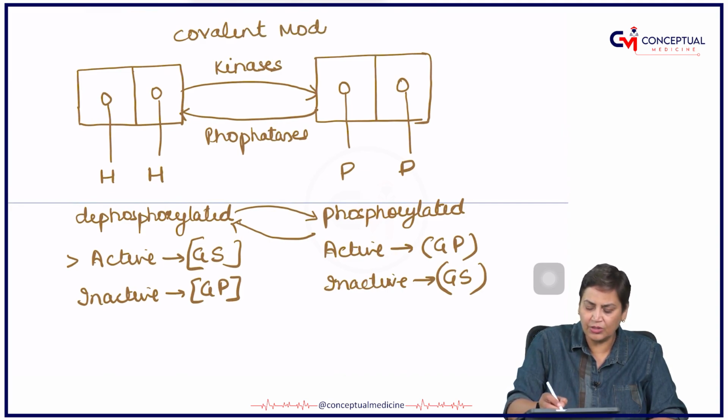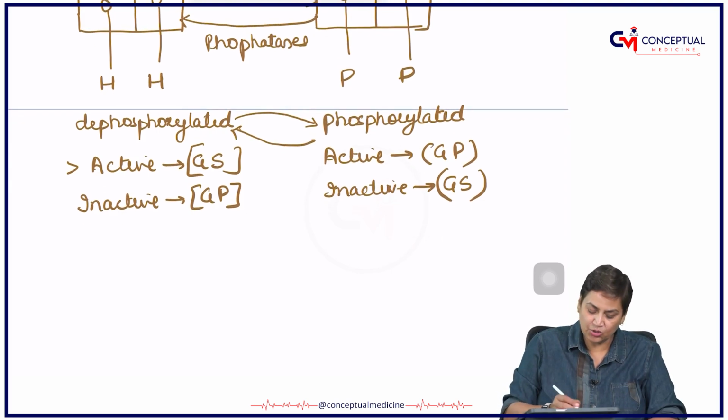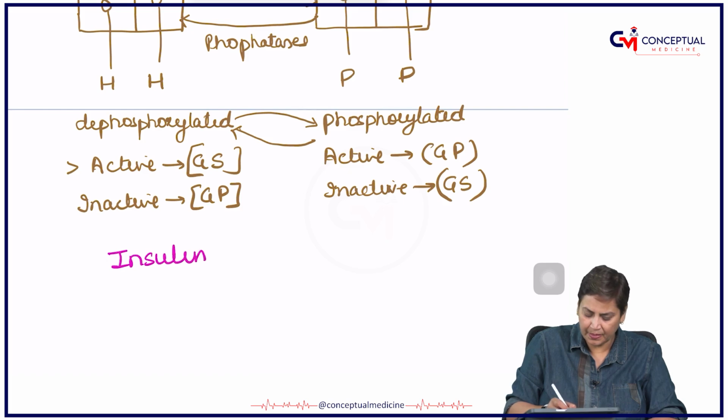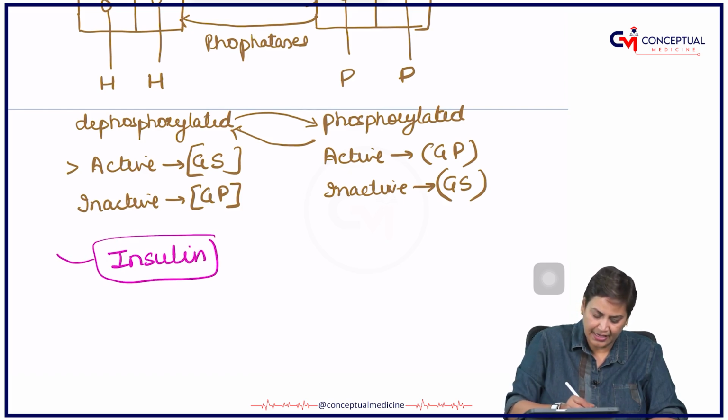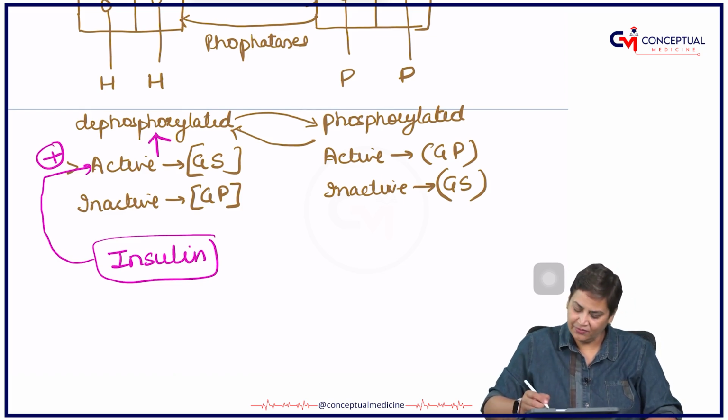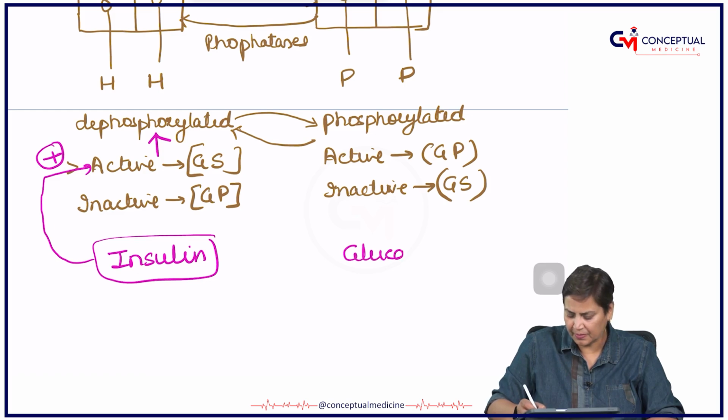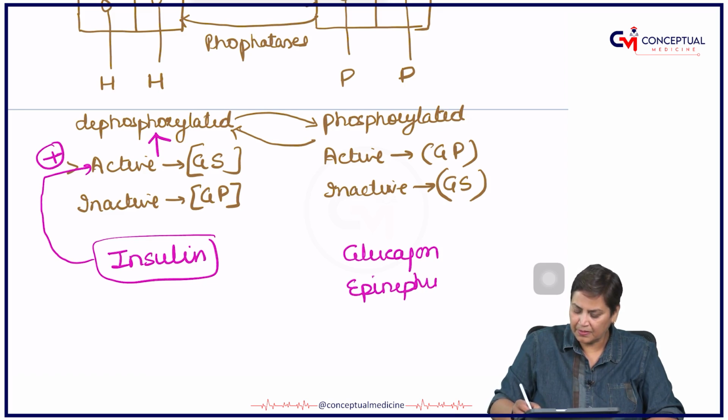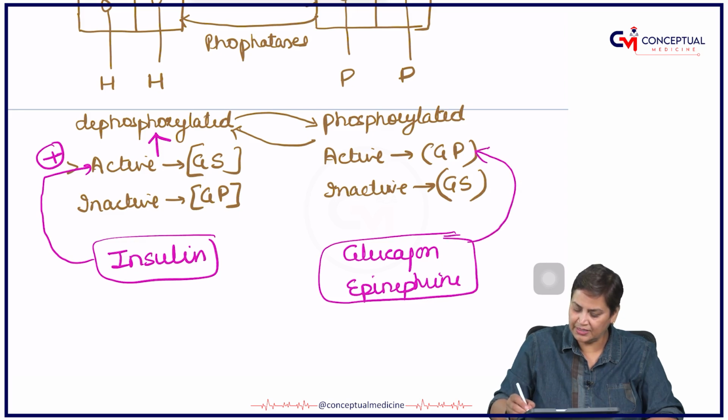And that is why I told you these two are interrelated, because covalent modification is the conversion of OH to OP and vice versa, whereas insulin is going to act here. Insulin will make glycogen synthase active in its dephosphorylated form, whereas glucagon and epinephrine will make this into its active phosphorylated form.